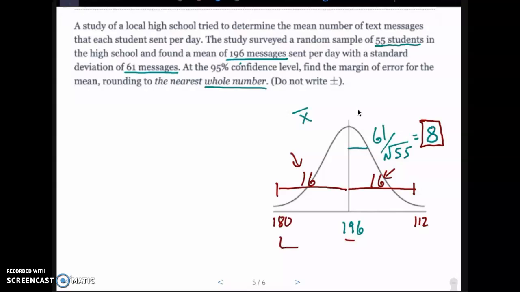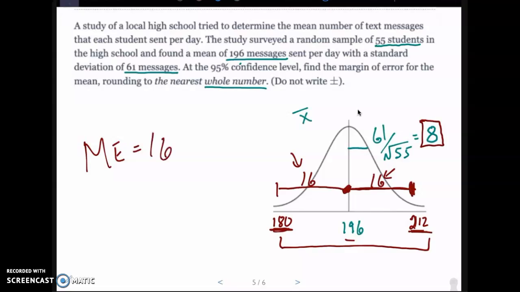This is your confidence interval, so you're 95% confident that the mean number of text messages students send is between 180 and 212. But the margin of error, the thing that you're looking for, the distance between your center and that fence post, is going to be 16.